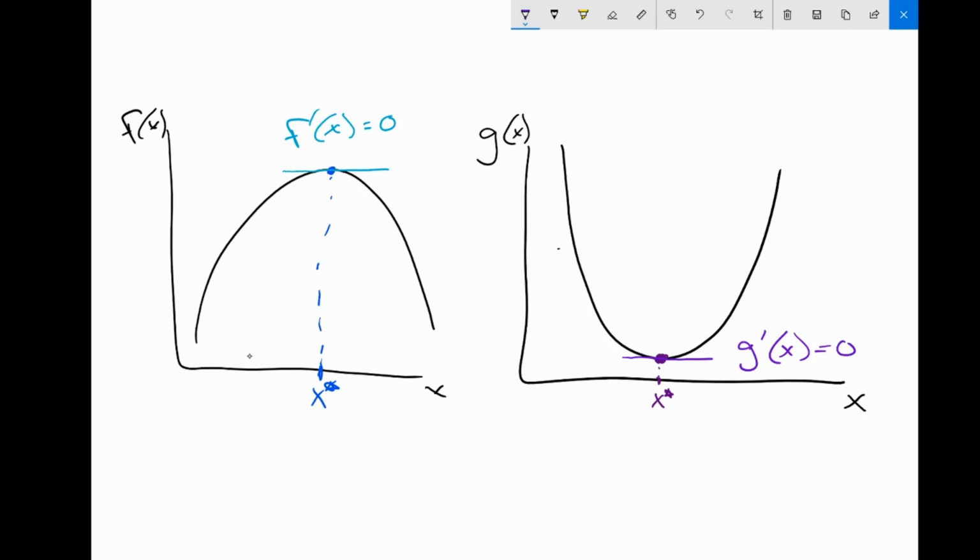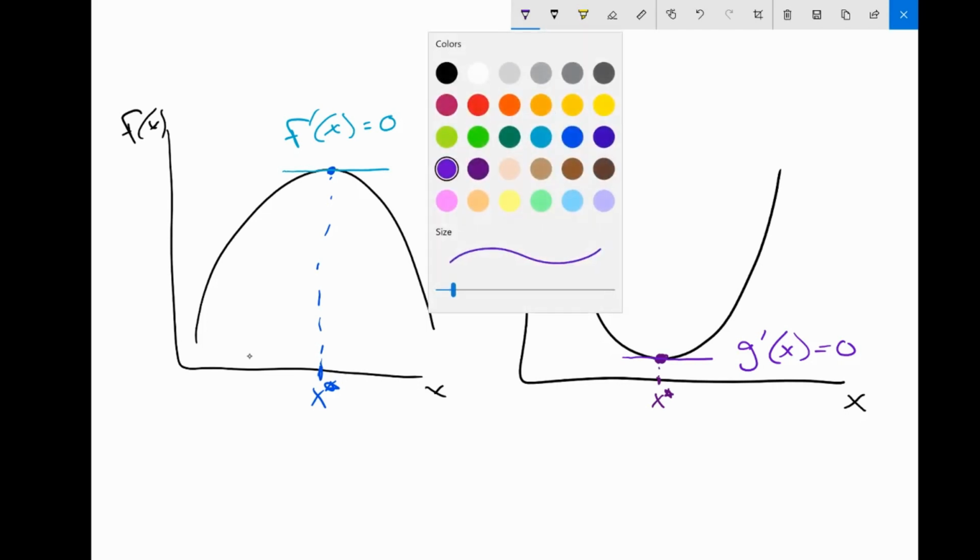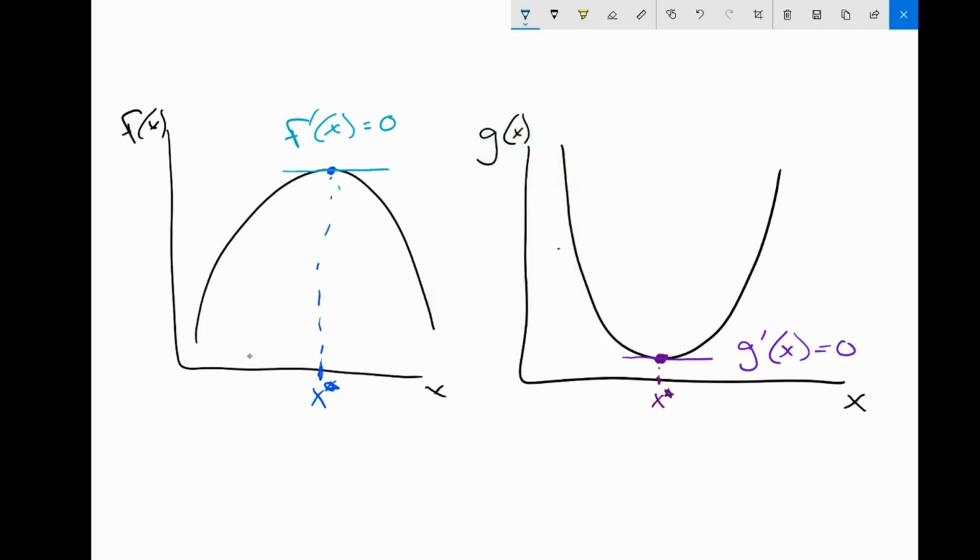I mentioned before that f prime of x equals 0 at the maximum. But just because the derivative equals 0 does not necessarily mean that it is a maximum point, because it also could be a minimum point. Here, the derivative of the function equals 0, but it's not a maximum, it's a minimum.